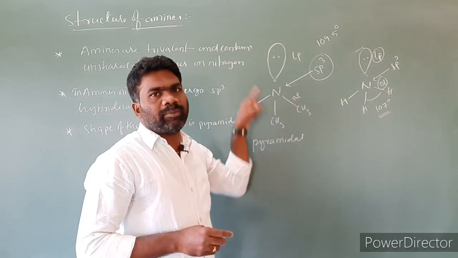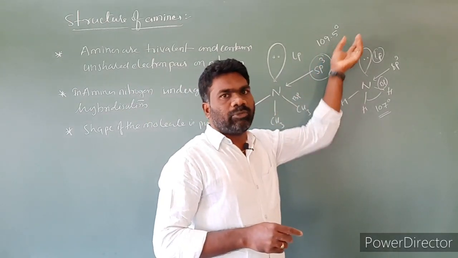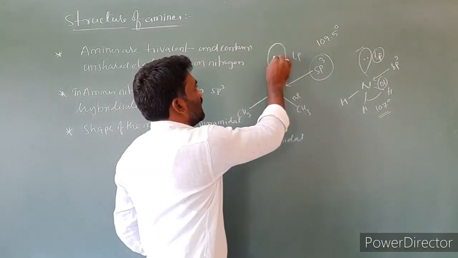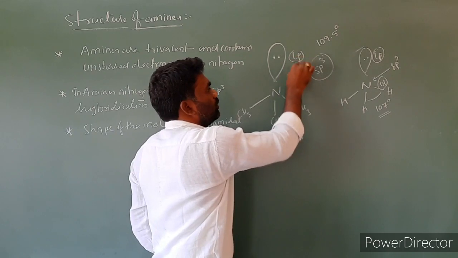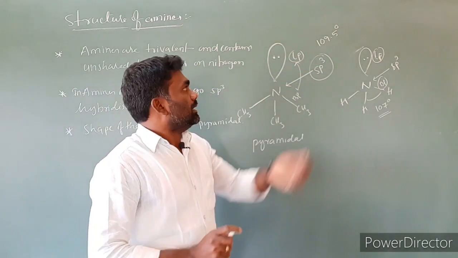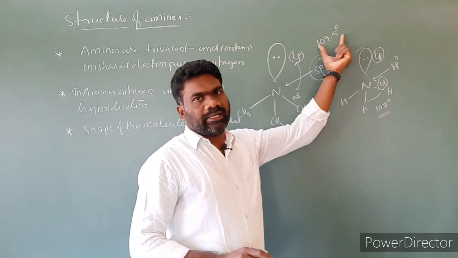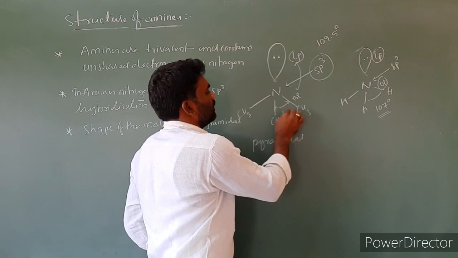Similarly, in the case of amines also, the bond angle is not 109.5 degrees; it is reduced because in amines also there are lone pairs and bond pairs. Because of the repulsion between the lone pair and bond pairs, the bond angle is less than 109.5 degrees. In the case of methylamine, the bond angle is 108.